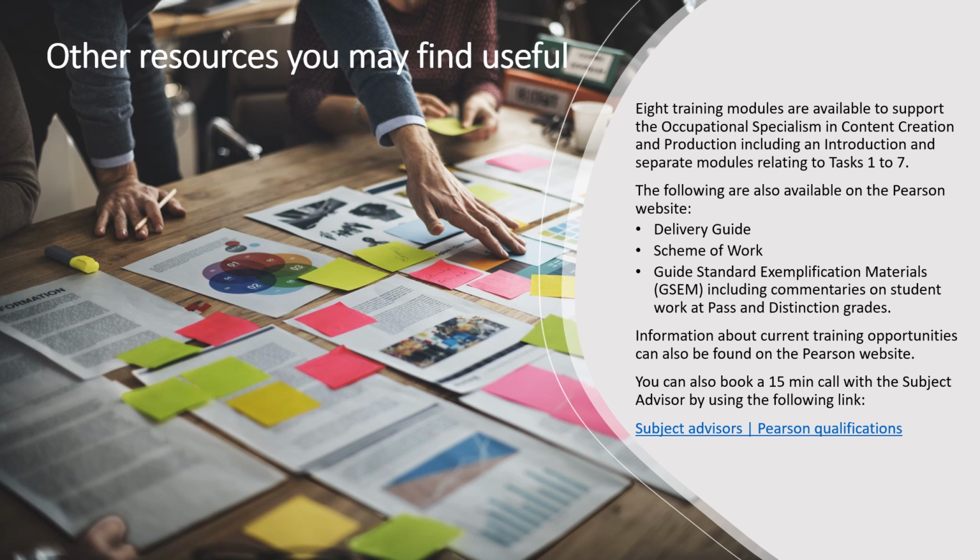Other resources you may find useful include a delivery guide, a scheme of work, and guide standard exemplification materials, which include commentaries on student work at pass and distinction grades. These are available on the Pearson website. Information about current training opportunities can also be found on the Pearson website.